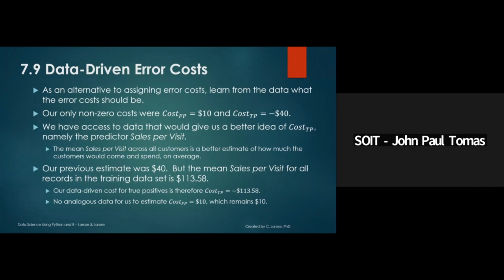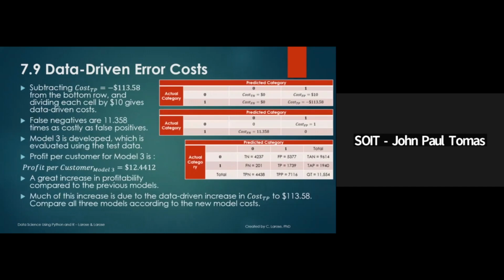So we will be revising our contingency table. Subtracting the cost TP, again negative 113.58, from the bottom row and dividing each of the cells by $10, which will give us the data-driven cost, bago na yung contingency table natin.